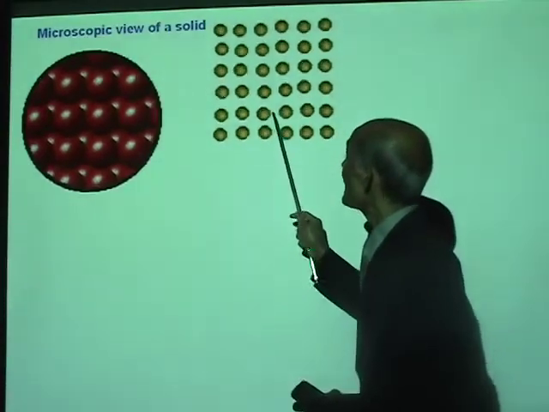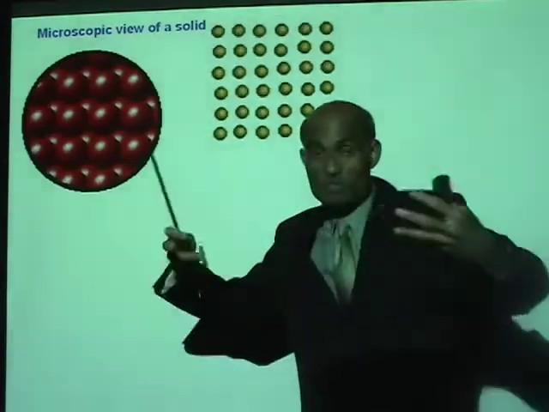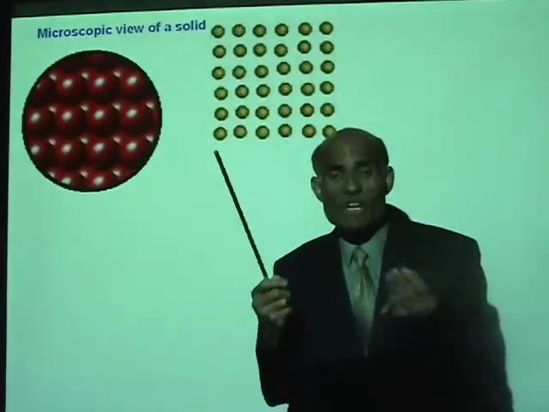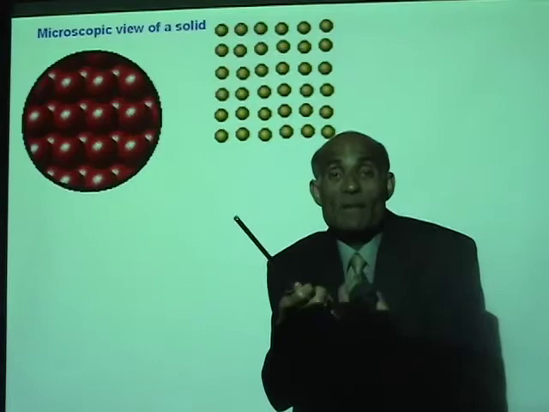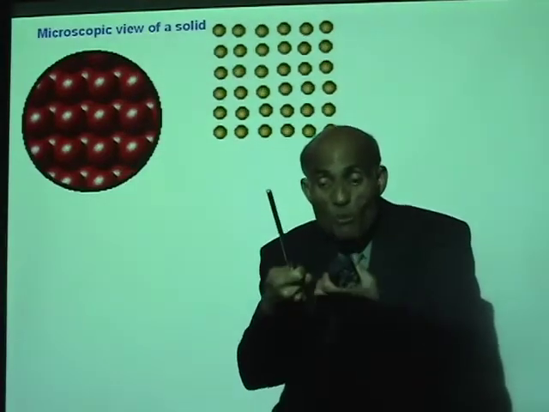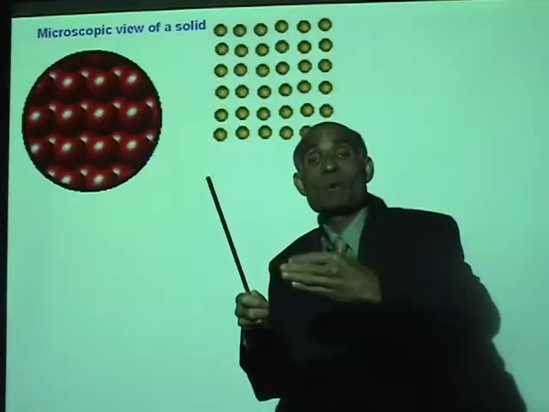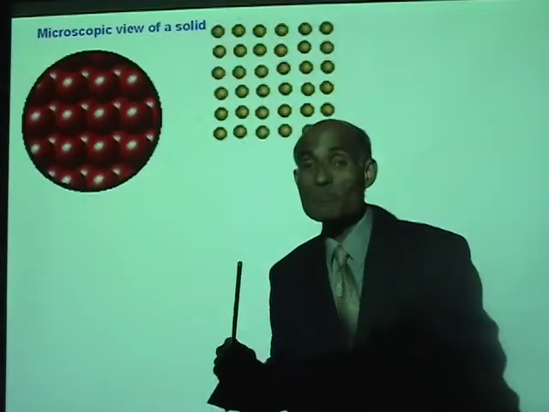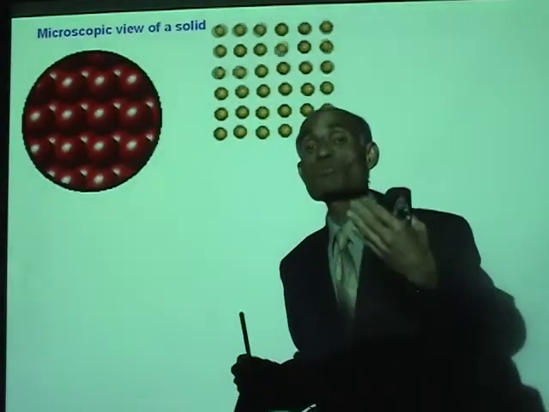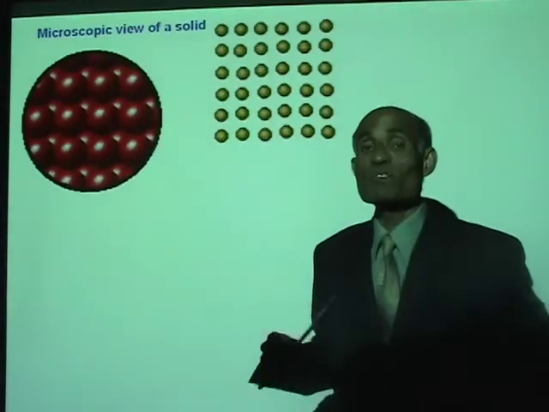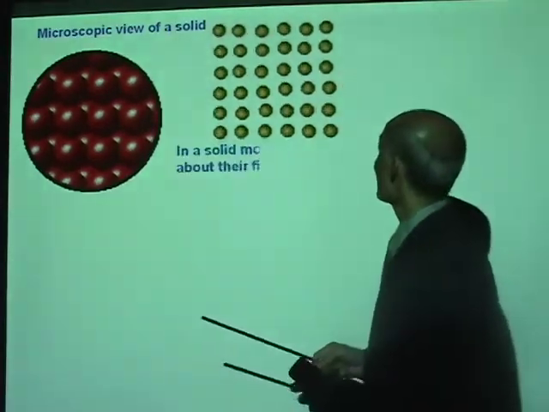But when you supply heat, the amplitude of vibration increases. A time will come when the molecular bonds begin to break. That is when a solid melts into a liquid. And during that time, the amount of heat supplied will not manifest itself into an increase in temperature.